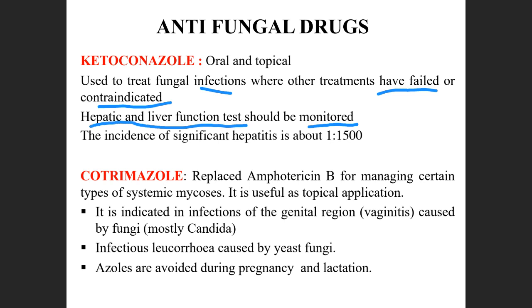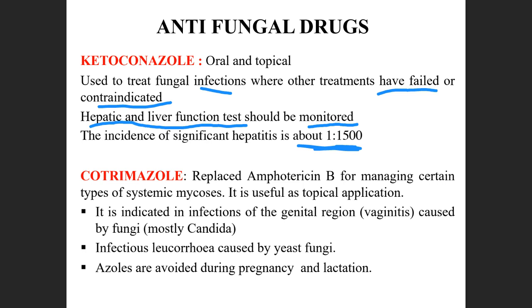The incidence is significant, about 1 in 1,500. So out of 1,500 patients, one has a possibility of developing hepatic or liver impairment, causing a rise in LFT readings and damage to the liver.